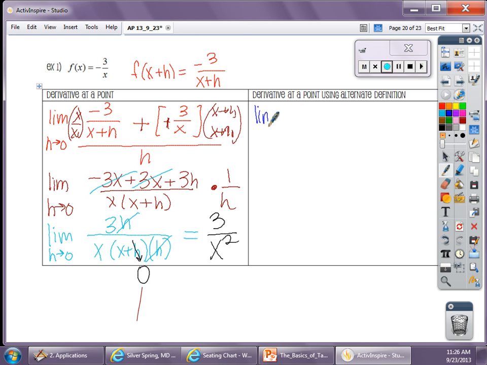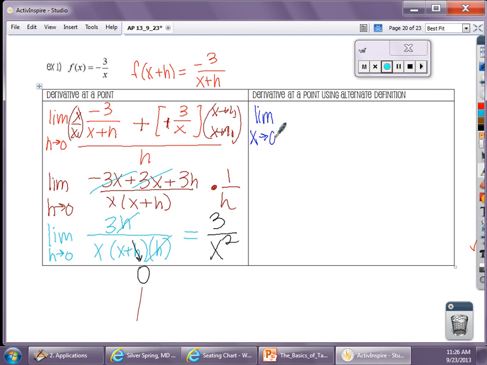So this one, the limit as x goes to a. Notice that that one has h's, this one has x's and a's. Please be careful. So this one we're going to need f of x. And just in case, since it's the first time you're seeing it, I'm going to write the formula back up again.